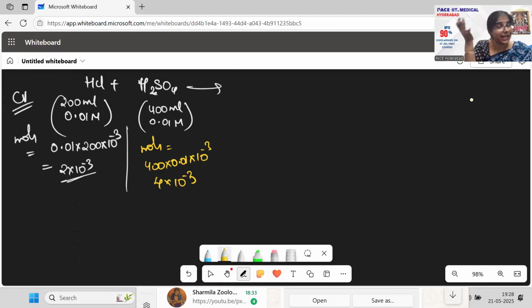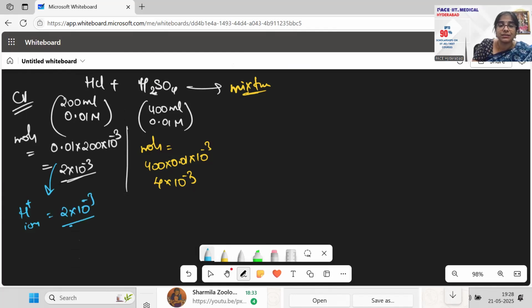Now, what is that we are getting? Now, this is not a reaction, but please don't get confused. This is acid plus acid. Acid plus acid can never give you a reaction. So this is just a mixture. In the mixture you will get the H ions from here also. How many H plus ions are you getting? 2 into 10 to the power minus 3. How many H plus ions are you getting from the other? I would say each molecule is giving you 2 hydrogen ions.